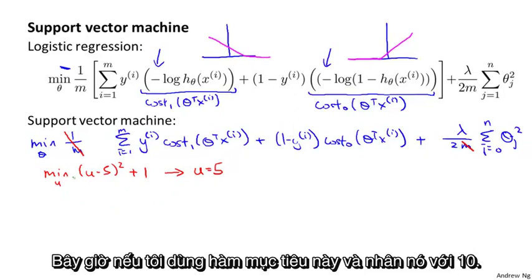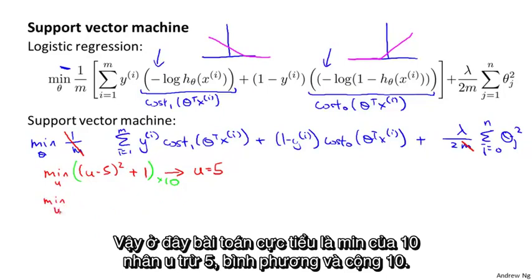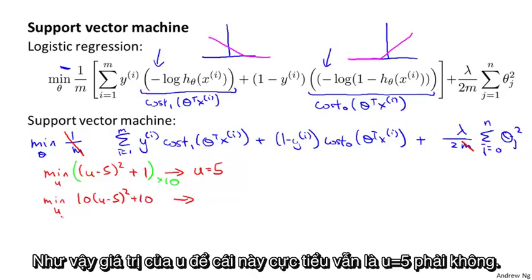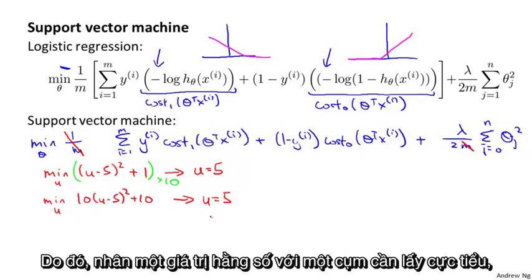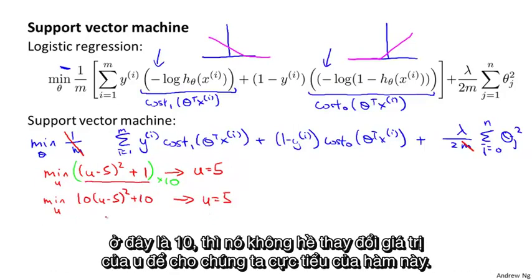Now, if I take this objective function and multiply it by 10, so my minimization problem is min over u of 10 times (u minus 5) squared plus 10, the value of u that minimizes this is still u equals 5, right? So multiplying something that you're minimizing over by some constant, 10 in this case, does not change the value of u that minimizes this function.